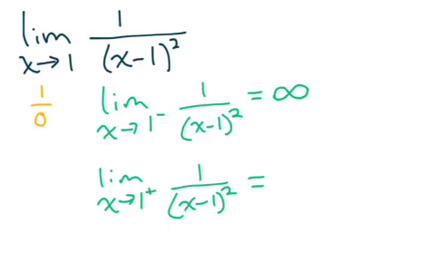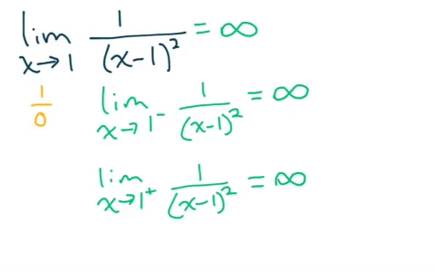And same thing for the right side. As we come in from the right side, we're going to get a positive number when we subtract. It's going to stay positive when we square. And since we're dividing a positive number by a really small positive number, we're going to approach infinity. And since we approach infinity from both sides, we can go back to our original limit and say that limit will be positive infinity.